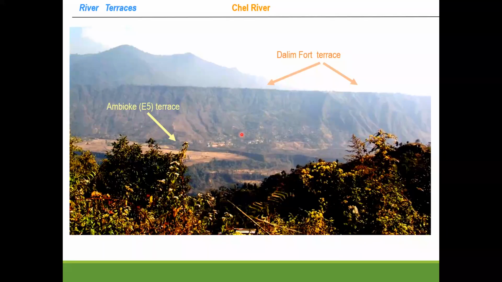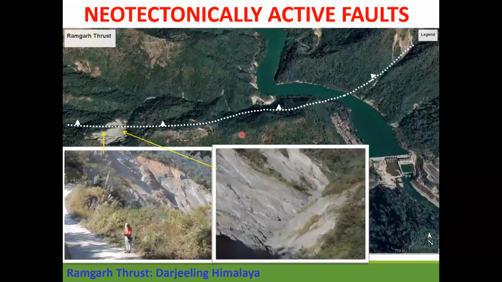Okay, so these kind of things happen, the deformation, which is more recent and essentially which occurs during the kilo-year time scale. Okay, the other thing these neotectonically active faults do is induce landslides. So here's an example from the Darjeeling Himalaya again. That's the Ramgarh thrust, which has been actually reactivated during this time scale. You can see a big landslide here, which looks like so in the field.